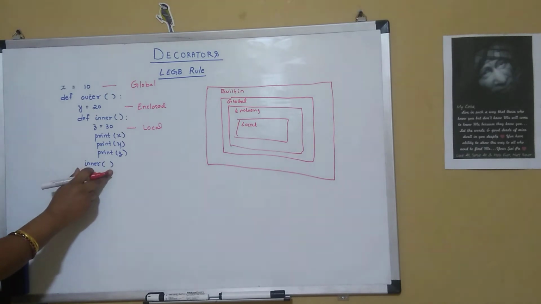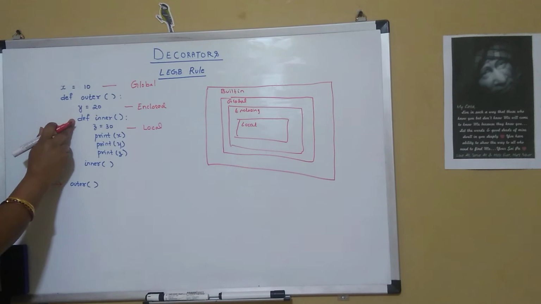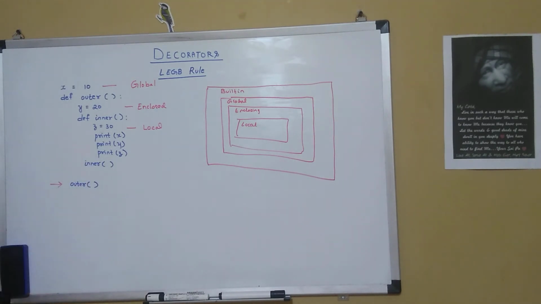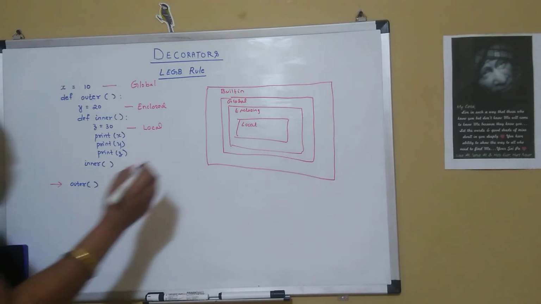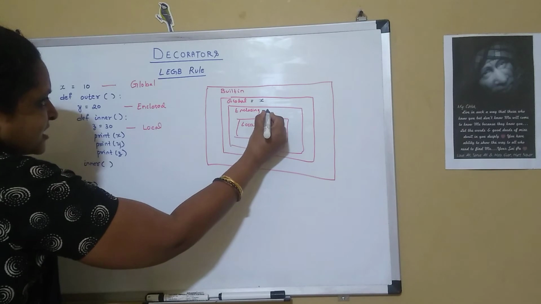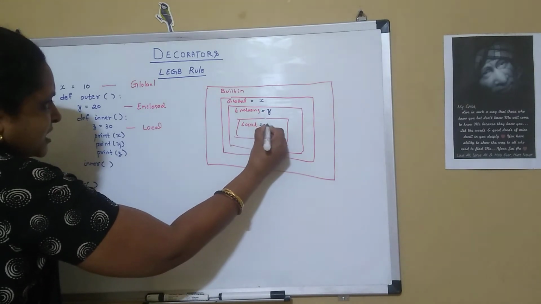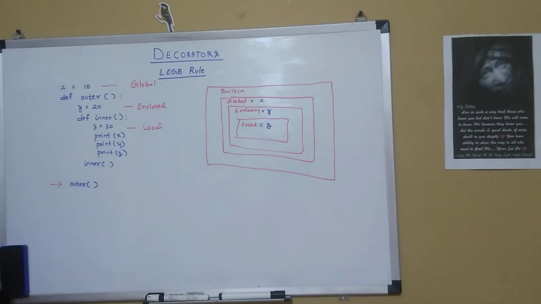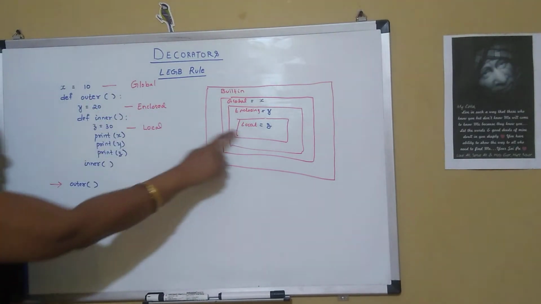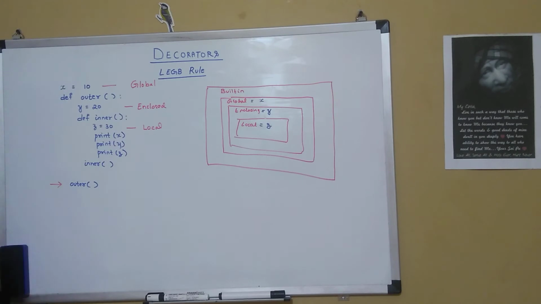And now it is calling the inner function. So it enters the inner function and it prints x, y, z. Friends, let me write it over here. x is a global variable, y is an enclosed variable, and z is a local variable.